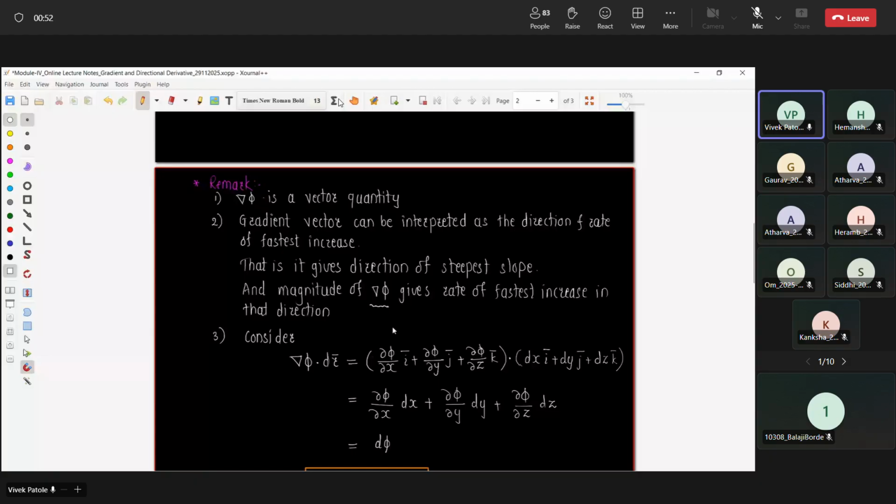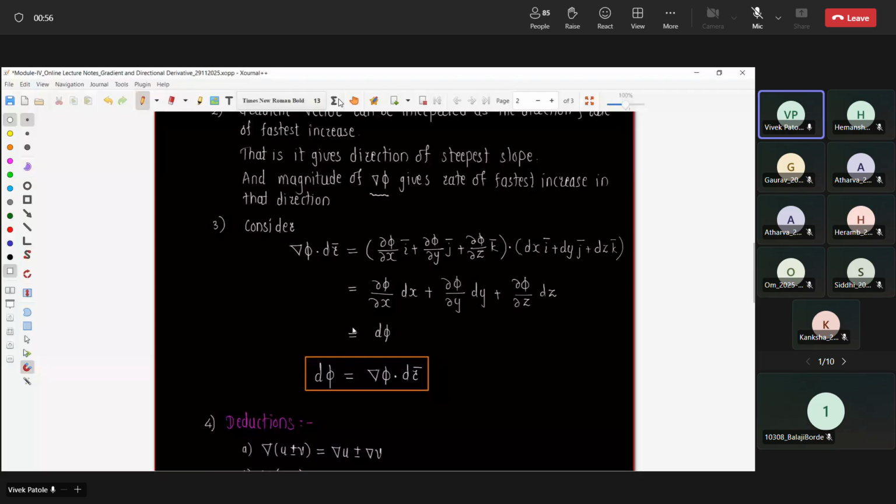Okay, now here we are having one expression. Consider this, we are going to use it for finding the scalar potential phi in our upcoming topic. For that we have considered del phi dot dr bar. Now, how do I get this dr bar?